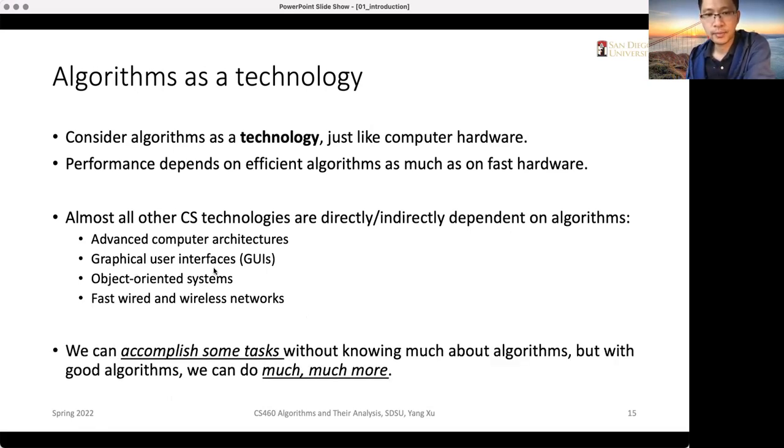Okay. So to summarize, if we don't know much about algorithms, we may still be able to accomplish some tasks. But if we know how to build with good algorithms, then we can do much better.